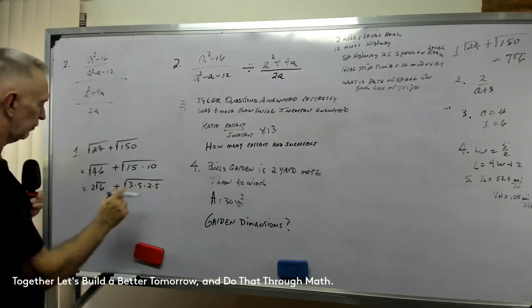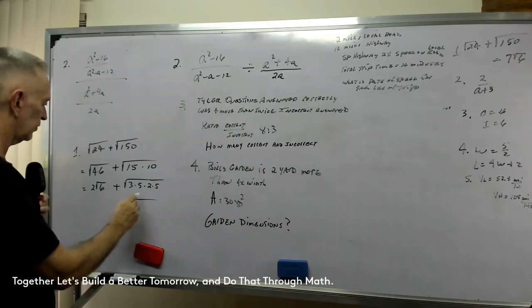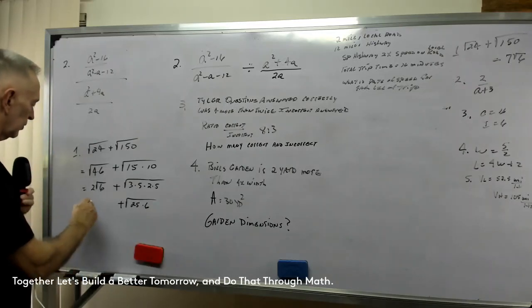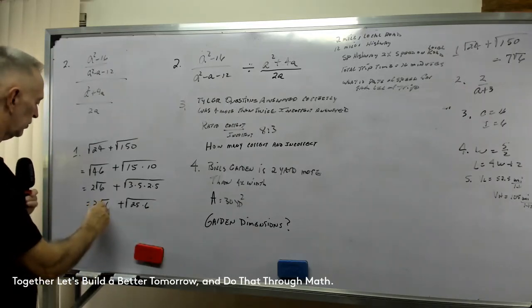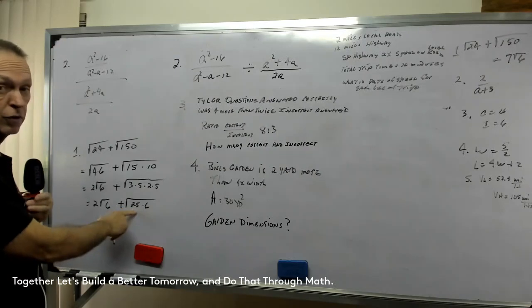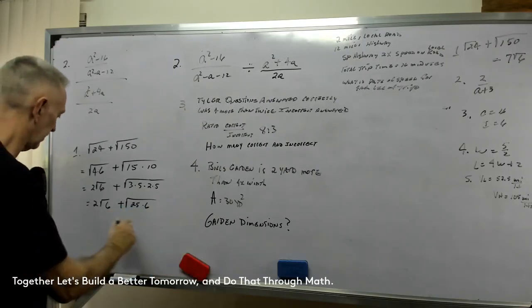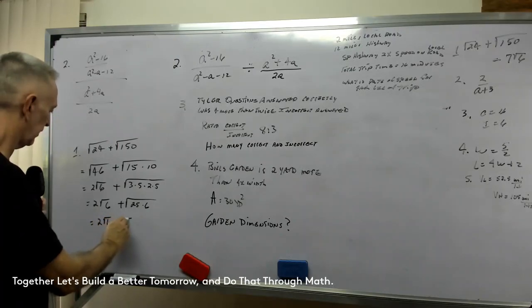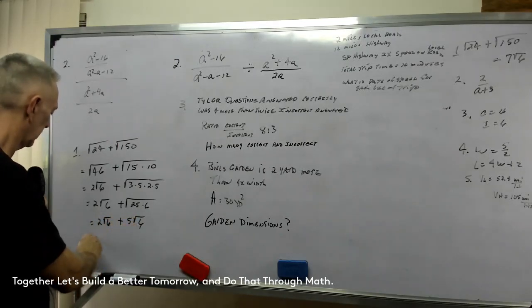Now let's take those 5s and multiply them together. So 5 times 5 is 25 times 3 times 2, which is 6. So now we have 2 square root 6 plus square root of 25 is 5. So 2 square root 6 plus 5 square root 6 equals 7 square root 6.